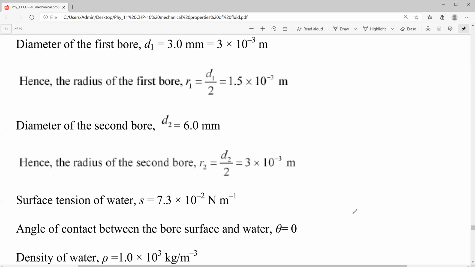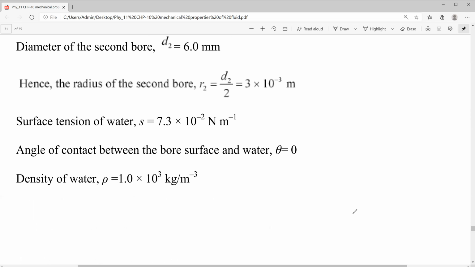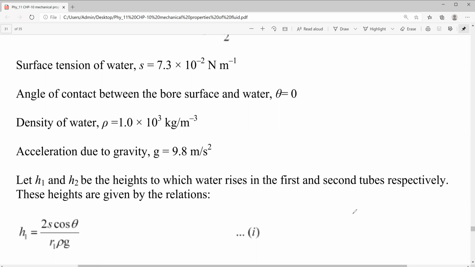The diameter of the second bore d2 they have given, the radius of the second bore r2 is 3 into 10 to the power of minus 3, and surface tension of water is 7.3 into 10 to the power of minus 2, angle of contact is 0 for water and bore surface, density of water is 1000, acceleration due to gravity is 9.8.